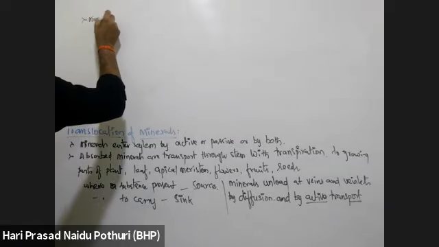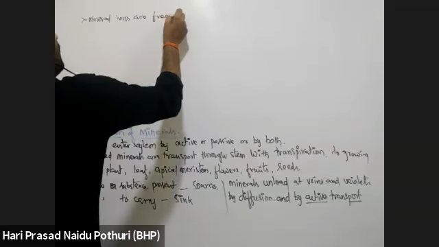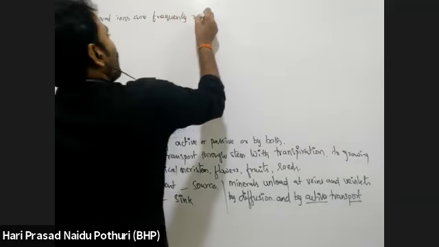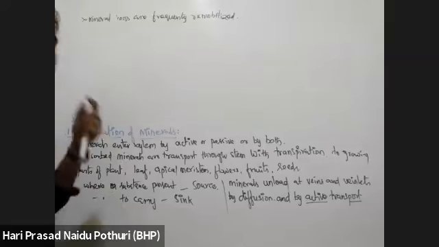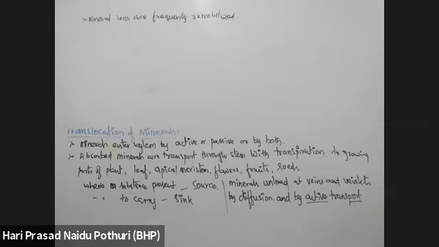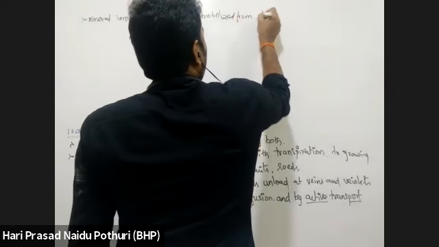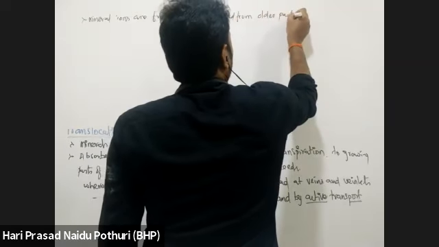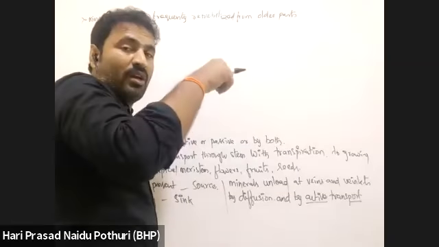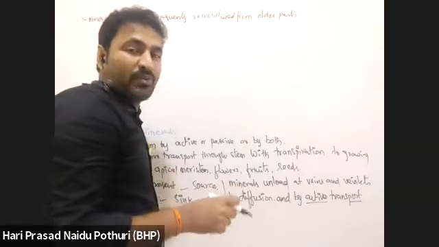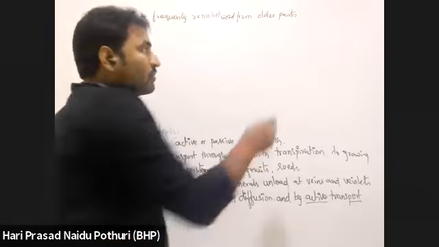Mineral ions are frequently remobilized. Remobilized means they are moved from one part of the plant to another part of the plant. From older parts, where older parts have minerals, but old parts do not need minerals more, because in old parts there is no active cell division, growth processes are less, so there is no need.